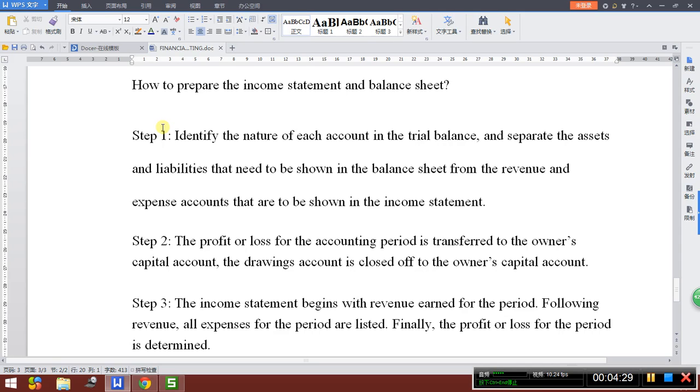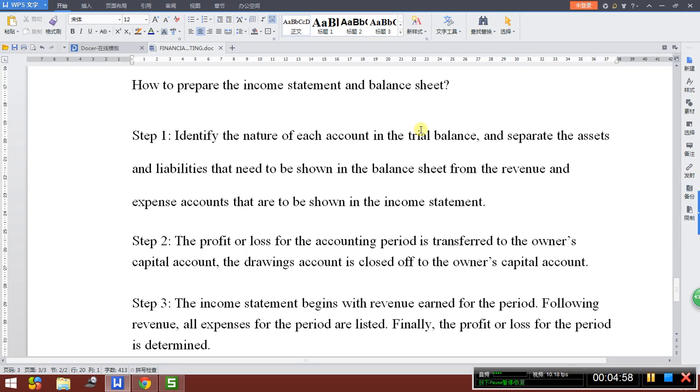Then separate the assets and liabilities that need to be shown in the balance sheet from the revenue and expense accounts that are to be shown in the income statement. So the revenue and expense accounts show in the income statement. Oppositely, the assets, liabilities, and owner's equity appear in the balance sheet.